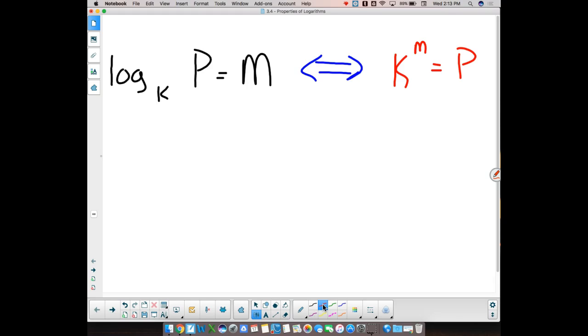Log functions, logarithmic functions, are exponent finders. Okay? Logarithmic functions find exponents.